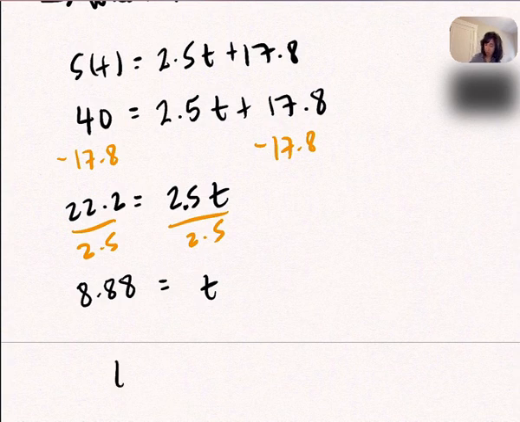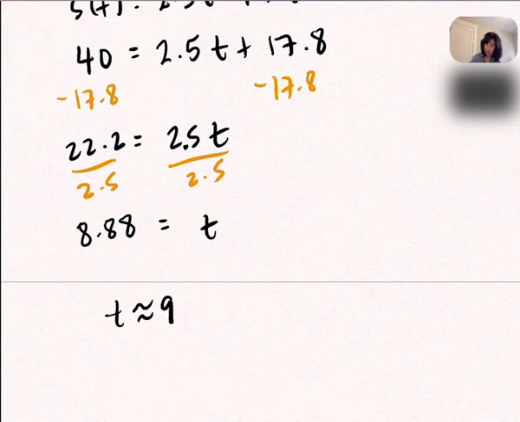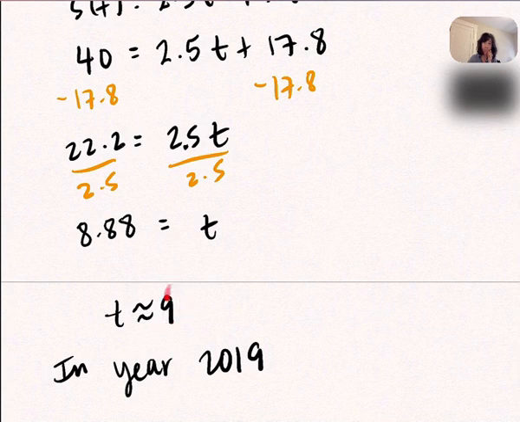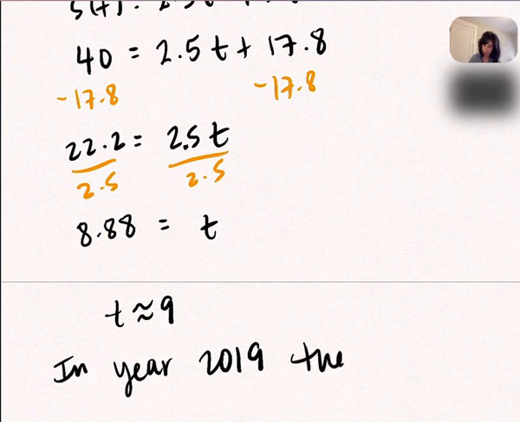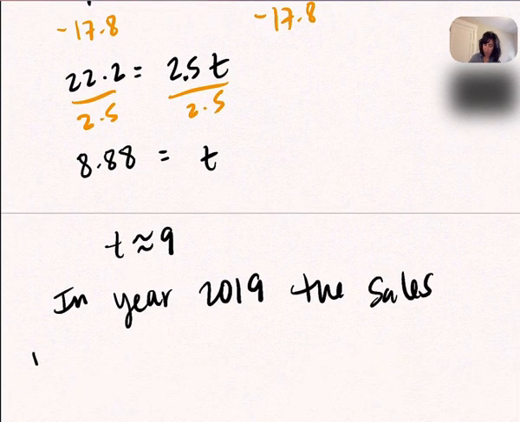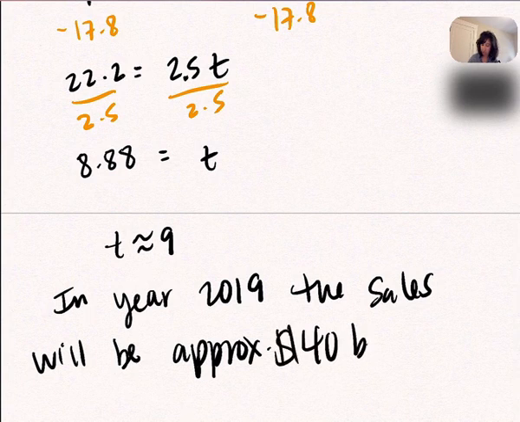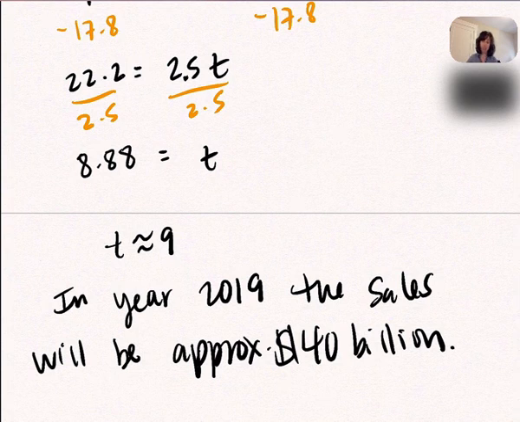So I'm going to round this t up and say that in approximately the year 2019, which is 9 years after 2010, so I've added 9 to 2010, the sales will be approximately 40 billion. Now, in 2019, they'll have surpassed 40 billion by a bit. We can see that 8.8 years after 2010 is when it reaches exactly 40 billion.